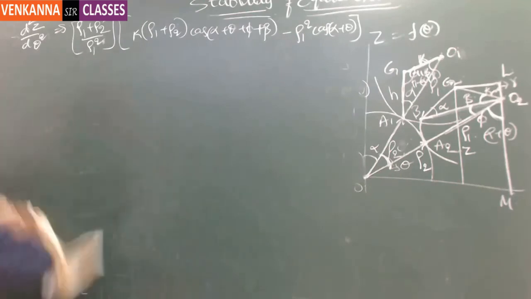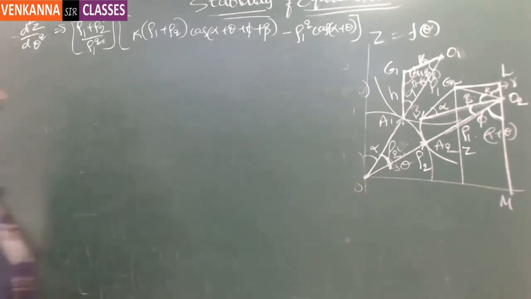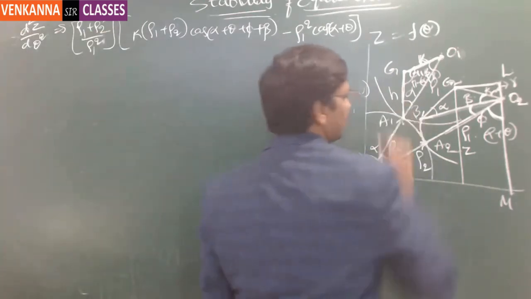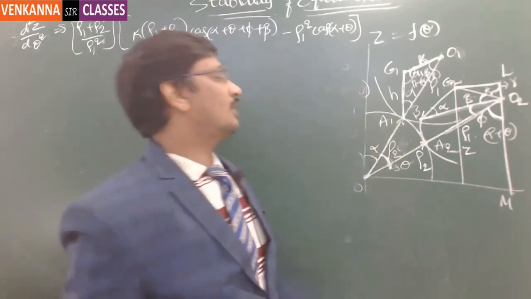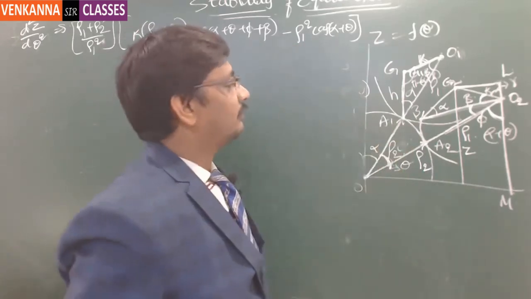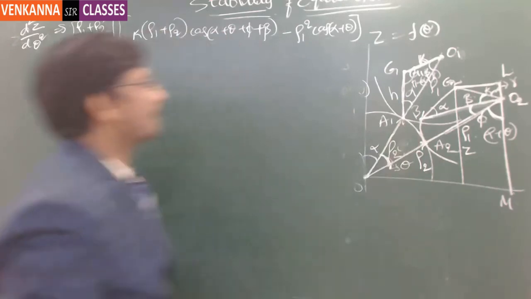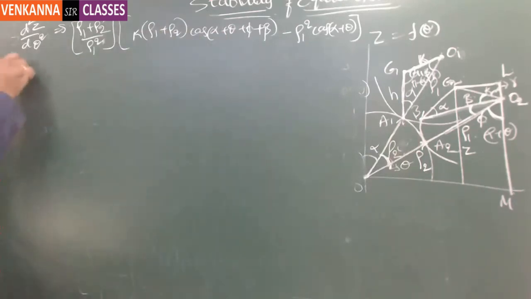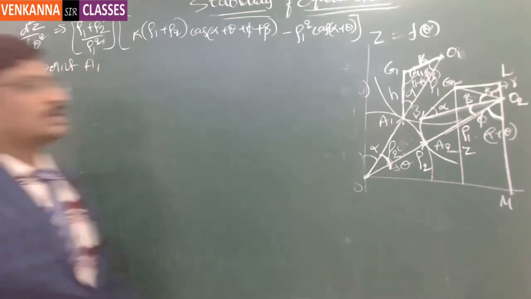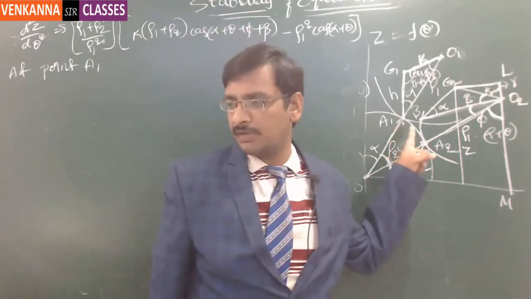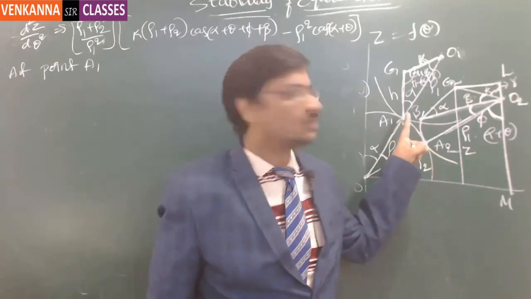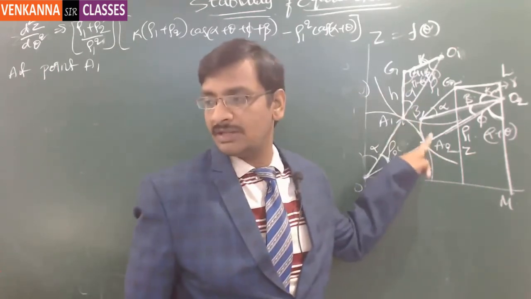So we wanted to identify the stability of equilibrium at point A1, at this location. So at this location, what are the values of theta and phi? At point A1, because actually we are trying to test the stability of equilibrium at point A1 only. So for that, to express it as a function of theta, we have given the little displacement.